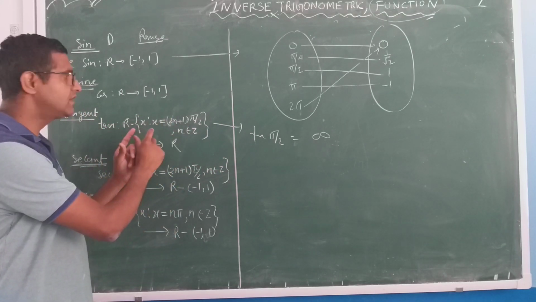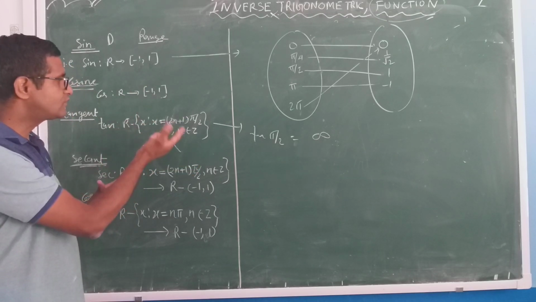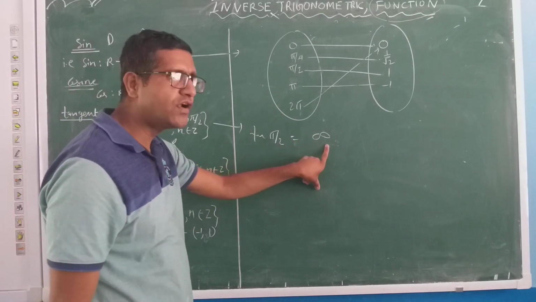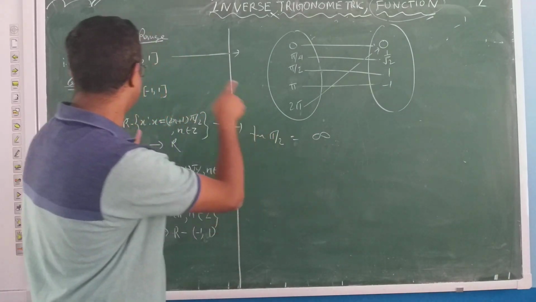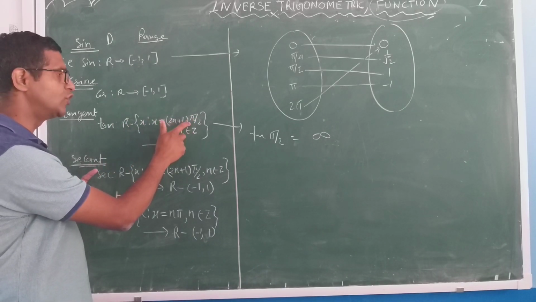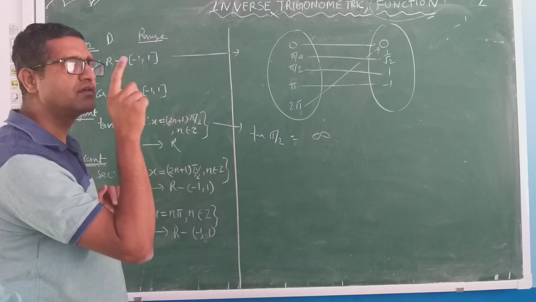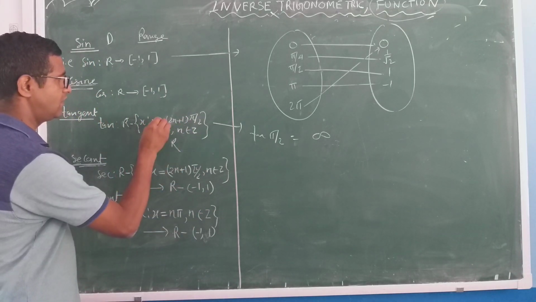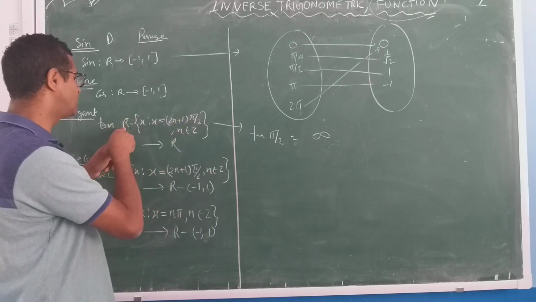Those values will not be in the domain if the corresponding value is infinite, because you are not getting any finite value for x equal to π/2. So x equal to π/2 will not be in the domain. The domain consists only of values which give a finite value in the codomain. So odd multiples of π/2 you subtract from the whole set of real numbers.